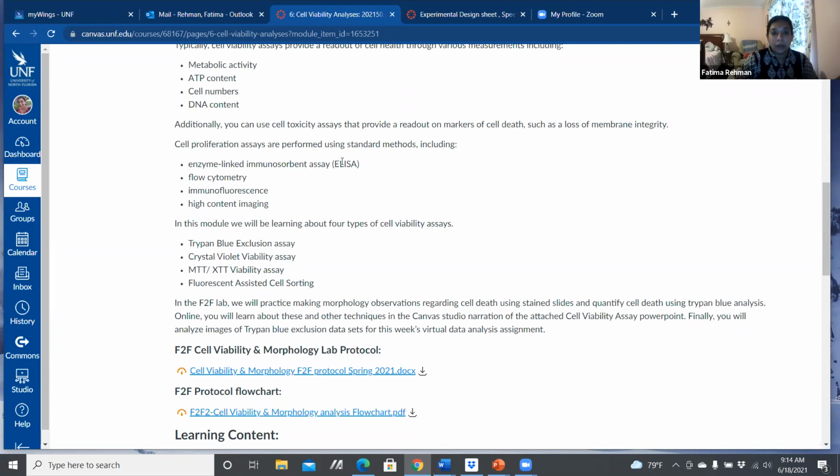Other stuff we are not going to be looking at today, but we will be working on them over the next couple of weeks as we talk about DNA analysis with DNA content and fluorescent assisted cell sorting later on in the semester.